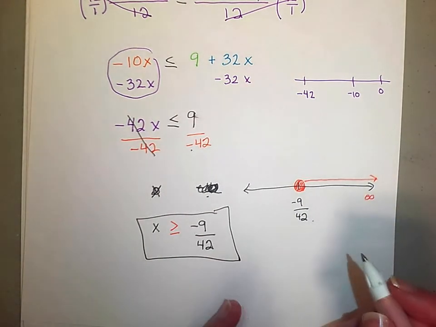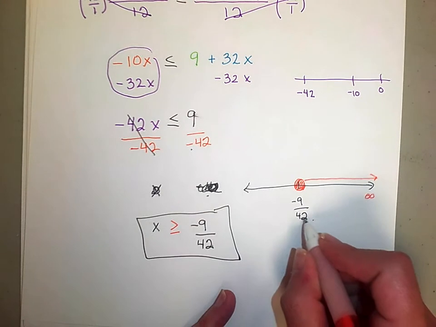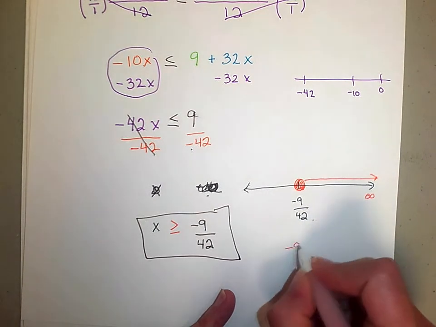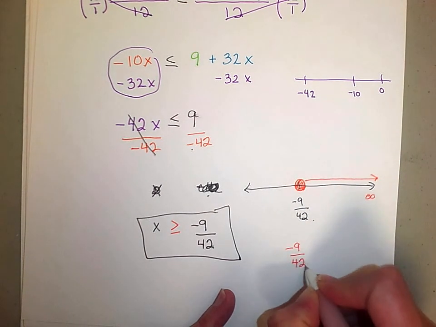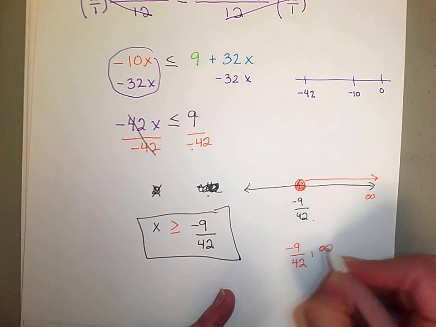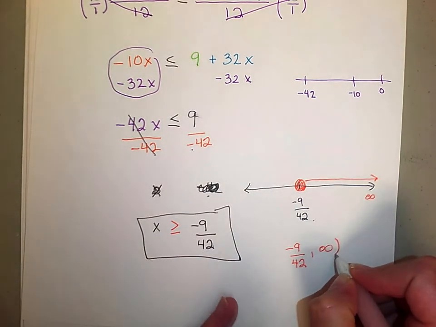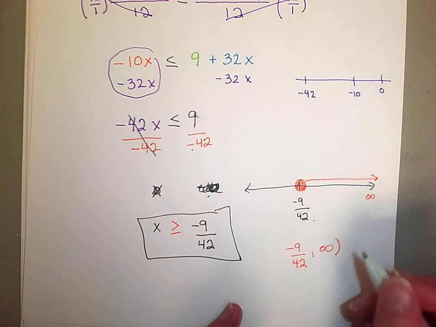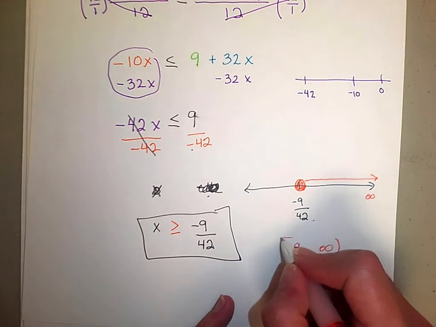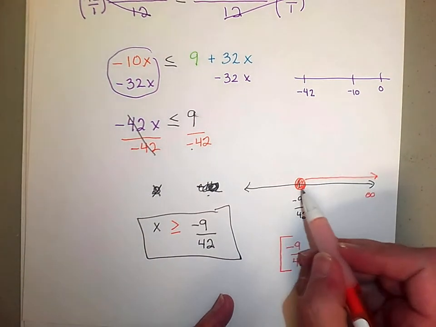And we could also represent this in interval notation. Now in this case, the lowest number that x can be is negative 9 over 42, and the highest value it can be is infinity. Infinity is a concept, not an exact number, so it will never get a bracket. But negative 9/42 can, because it's included.